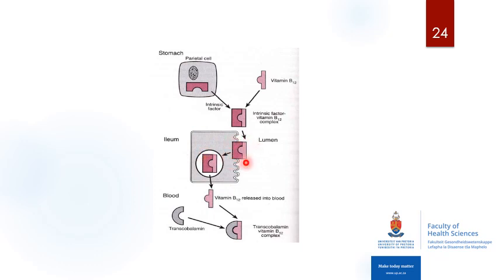Vitamin B12 then gets released into the blood, and it gets transported in the blood by a protein known as transcobalamin. Transcobalamin transports vitamin B12 in the blood, and takes it to the areas in the body that you need it, for example, to your bone marrow, where it's needed for your red blood cell production.